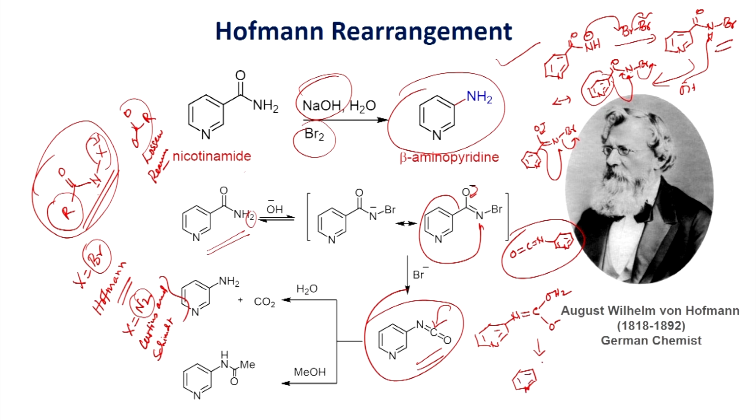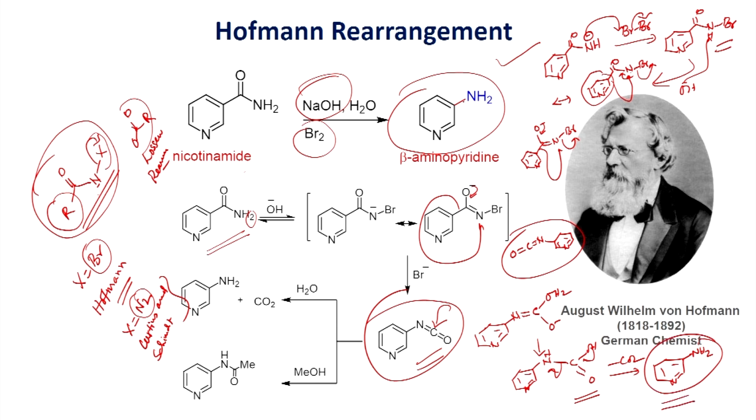it can convert into a proton transfer. You can make, once you form this intermediate, now it can lose carbon dioxide, and you will be able to form this beta aminopyridine as the product.